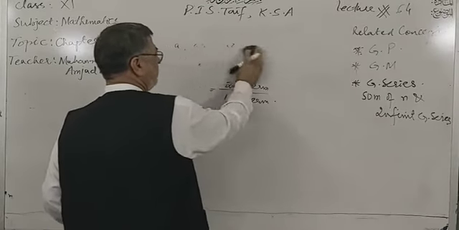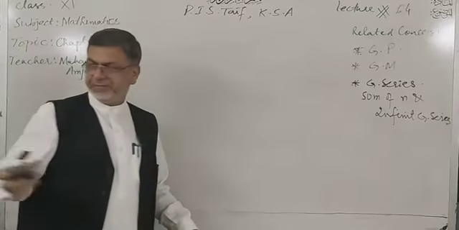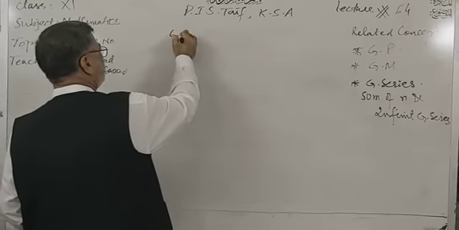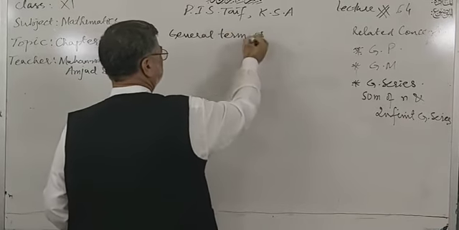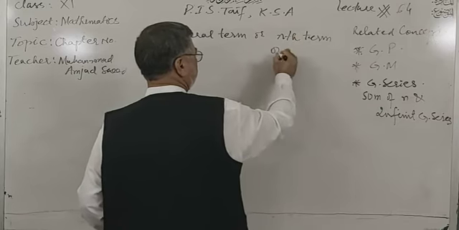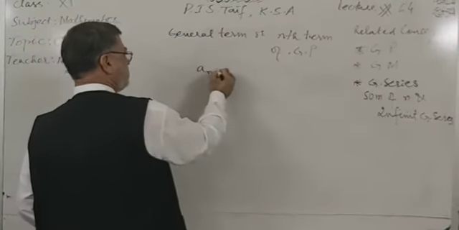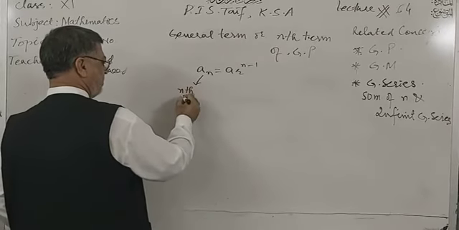Now we will have the nth term or general term of GP. The general term or nth term of GP, geometric progression, is a_n is equal to A R to the power n minus 1. This is known as the nth term.